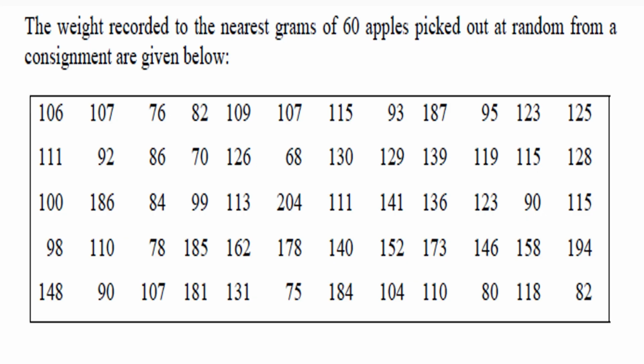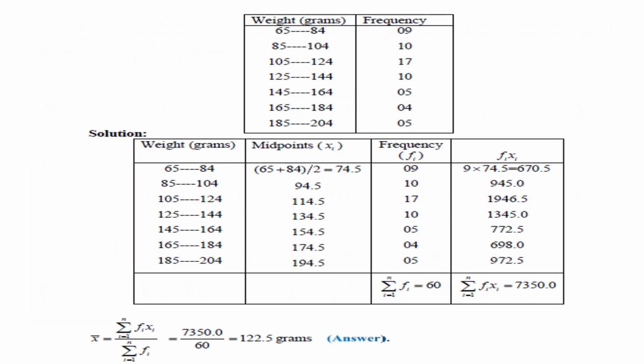Now we convert it first to a continuous type of table this way, by using the same tally technique as I already told you. So this is a table in which we have weight, which we call class intervals, 65-84, 85-104, and so on. This is the frequency, and the total number of observations is 60.